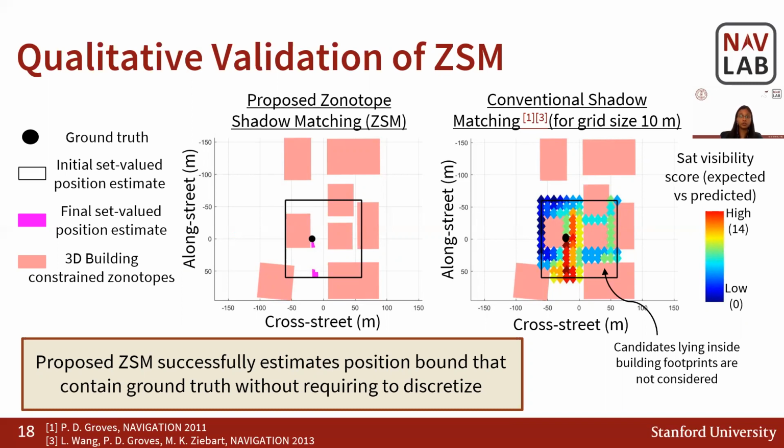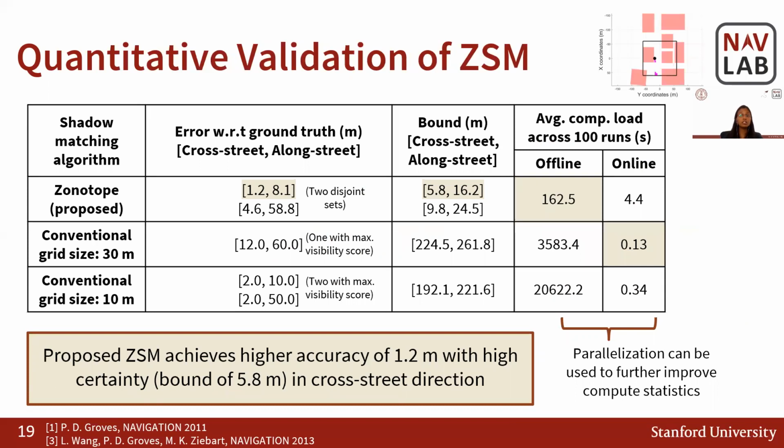Now let's look at some quantitative performance statistics of proposed ZSM, where we report the computational stats, the centroid of the two disjoint position sets, as well as the width of the bounding box that encloses these sets. For reference, the final set valued position estimate from our proposed algorithm is shown here in the top right corner.